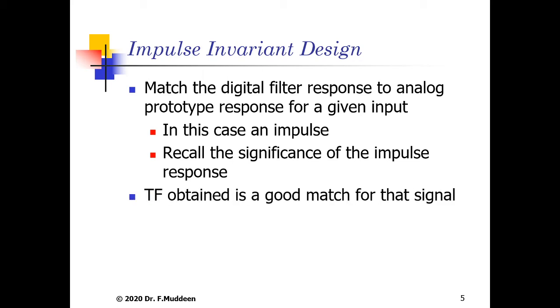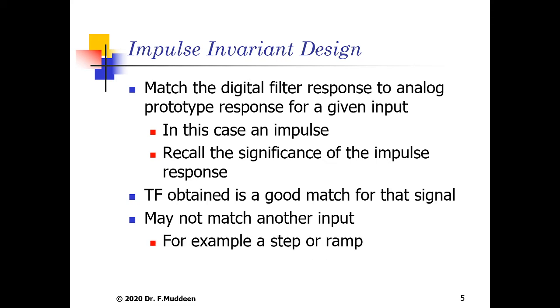The transfer function obtained typically gives us a good match for that signal, and it may not match for another input. For example, if we decide to use a step or a ramp, we may get an entirely different response altogether.